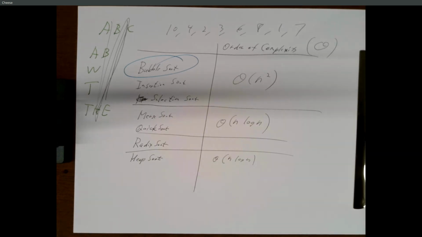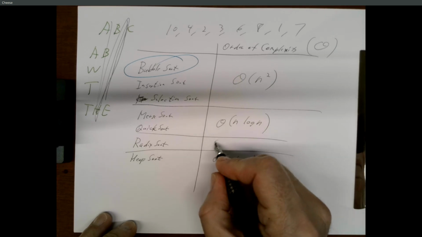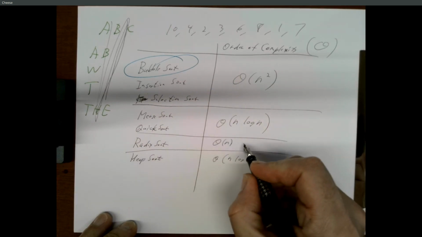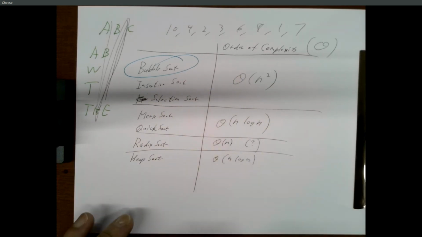Radix sort is an interesting one. In some ways, radix sort is almost like order 1. We're generally going to call it order n, which seems better than all the other sorts.